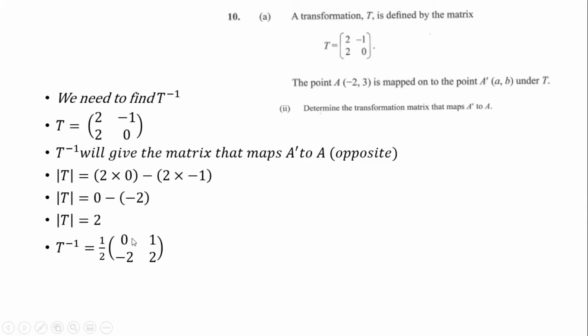Now we multiply by a half: 0 divided by 2, 1 divided by 2, negative 2 divided by 2, and 2 divided by 2. What we'll get is 0, a half, negative 1, and 1. So it's multiplying a half by each term in the matrix, and this is our answer for the transformation matrix that maps A prime to A.